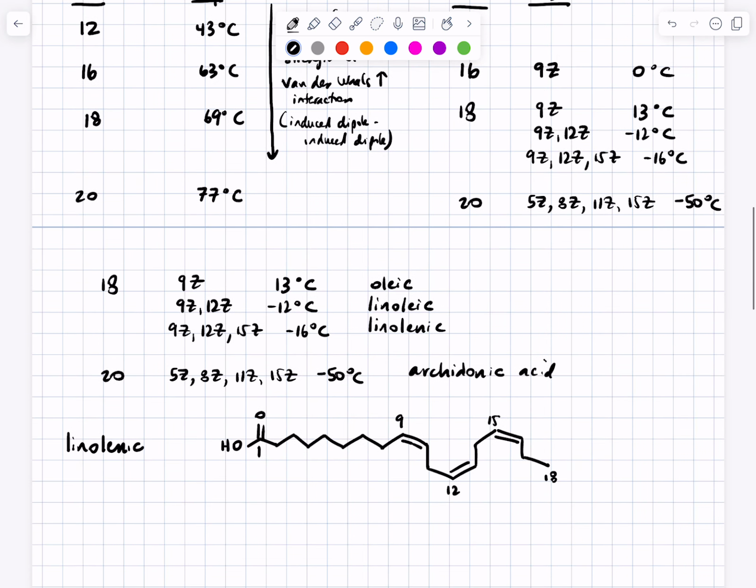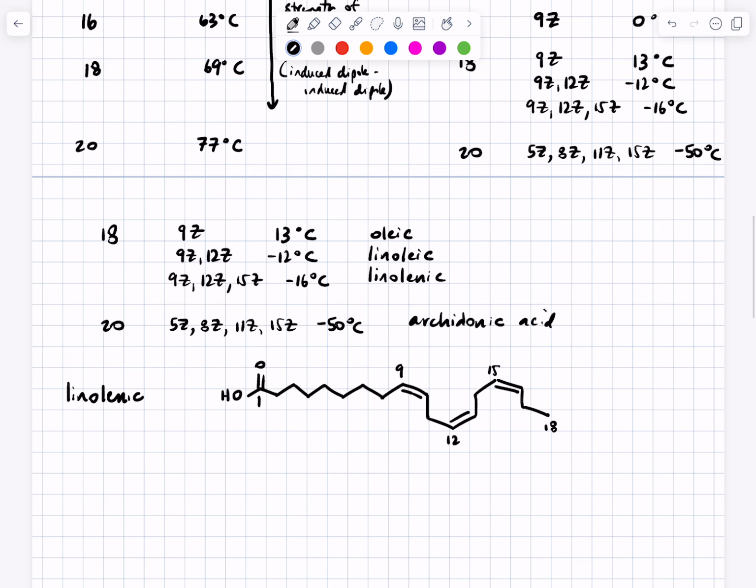Right, so the dispersion forces are stronger when the fatty acid chains can get close together, right? Contact surface area maximizes induced dipole interactions. The double bonds inhibit close packing or stacking of the hydrocarbon chains.